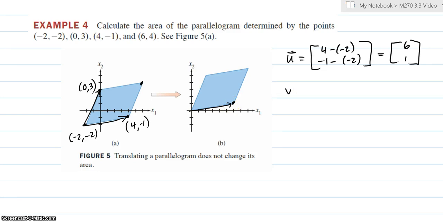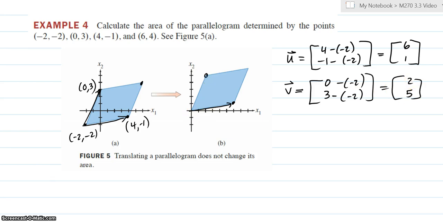And similarly with V, we're going to use these 2 points. So the x-coordinate would be 0 minus -2, and 3 minus -2 for the y. New minus the old. So that would be the point (2, 5). (2, 5) is right here. So that would be the V, and this is the U. So all I have to do is find the determinant of U, V, and I'm going to take the absolute value just in case.